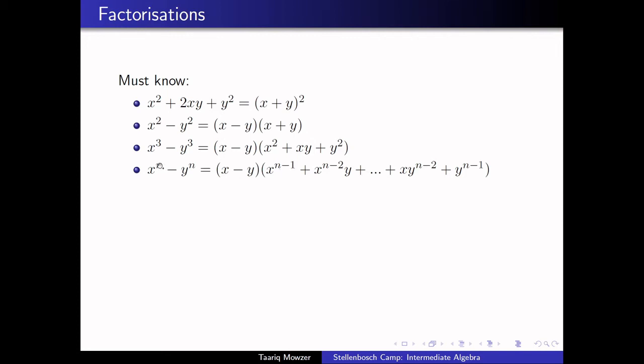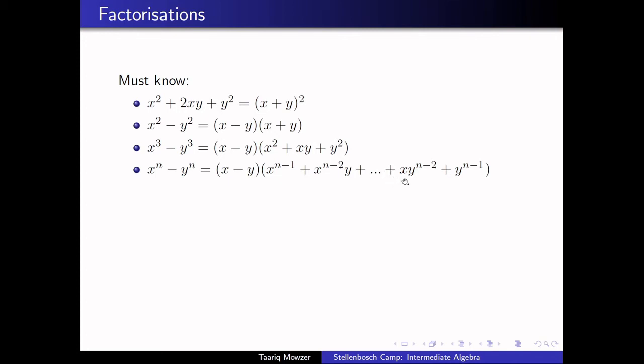Then the x exponent is going to decrease with each term, so this is going to become x to the n minus 2, and then the y exponent is going to increase with each term. So there's a secret y to the power of 0 over here, and then it becomes y to the power of 1. And then after that, it'll be x to the n minus 3 times y squared, and then x to the n minus 4 times y cubed, I think, yeah.